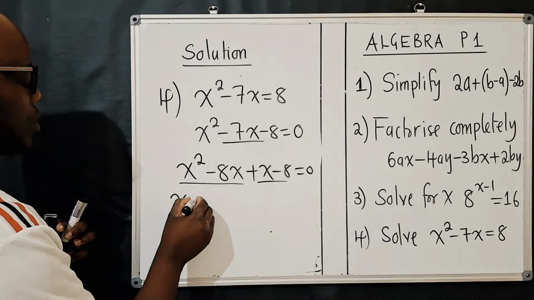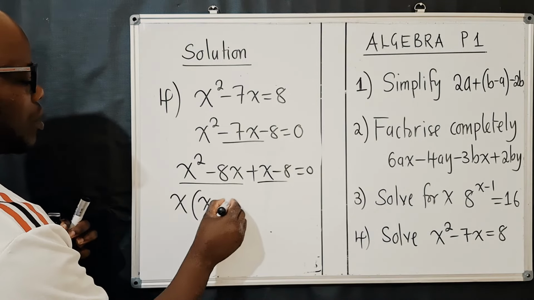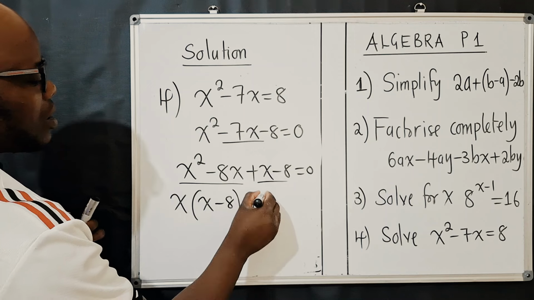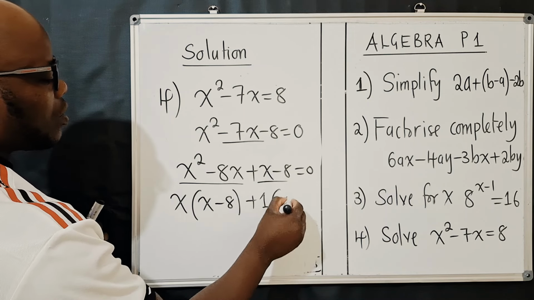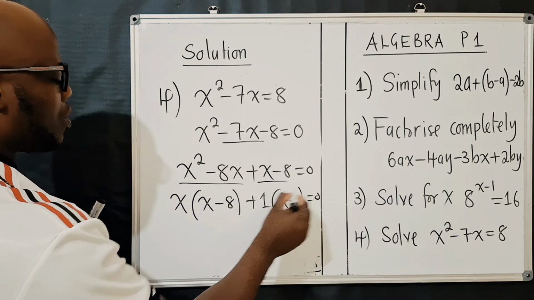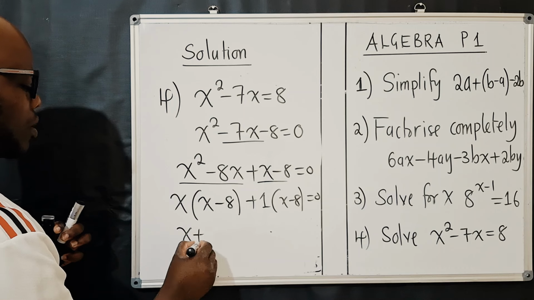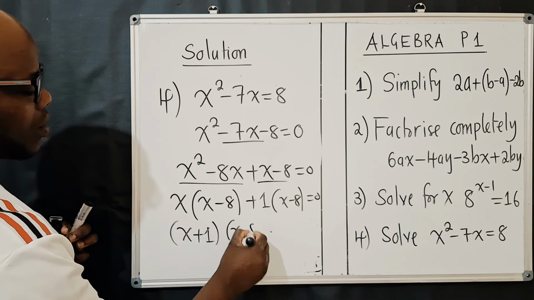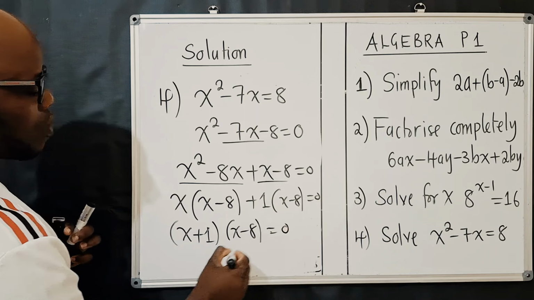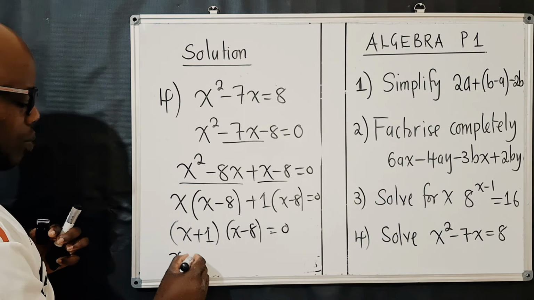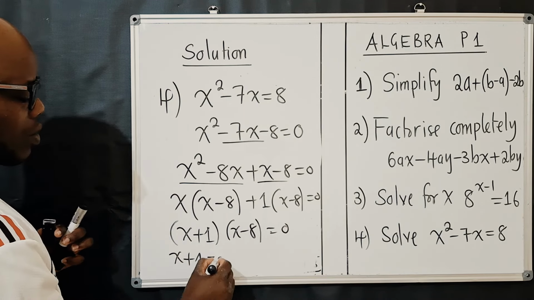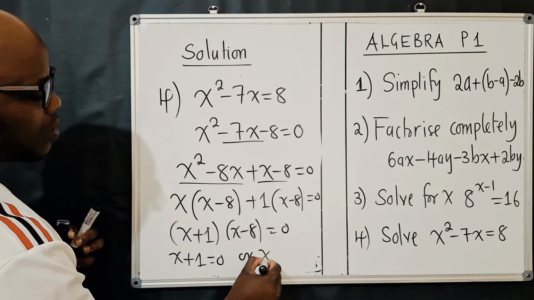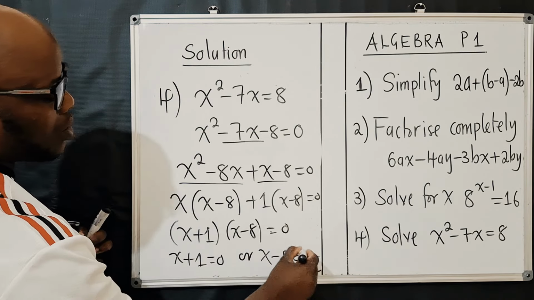So what is common is x. We shall remain with x minus 8. Here it's 1. x minus 8 is equal to 0. So x plus 1, and here x minus 8 is equal to 0. So we can say x plus 1 is equal to 0, or x minus 8 is equal to 0.